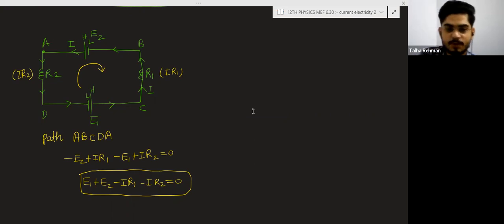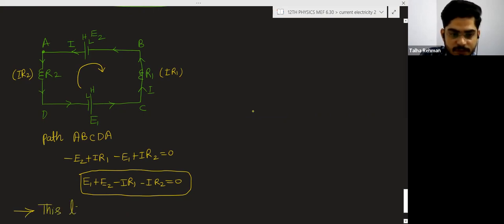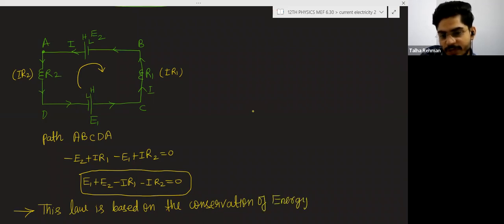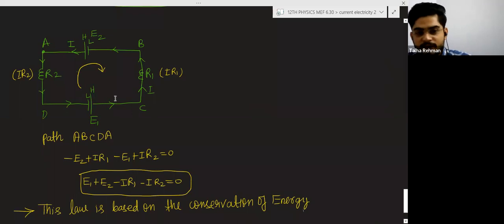So just the last point I want to write here. This law is based on the conservation of energy. Conservation of energy means the energy given by the cells, because what is the use of the cell?